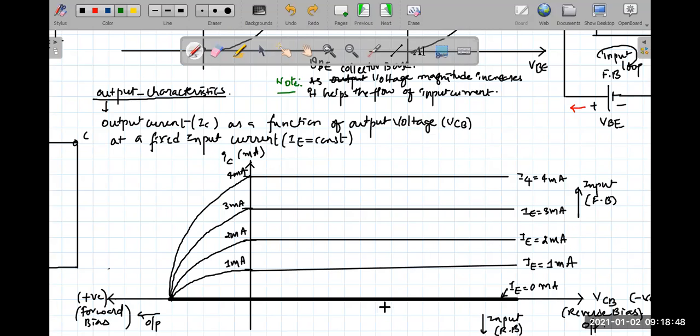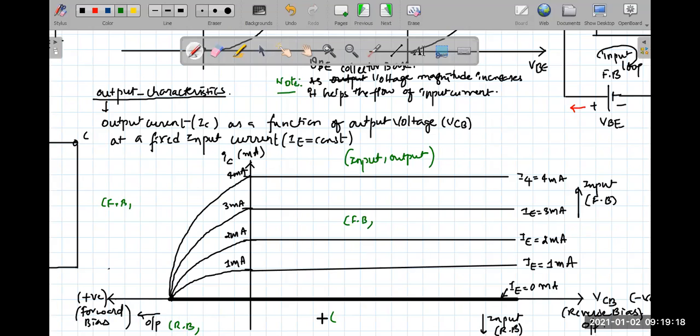If I'm interested in writing input comma output, what is happening here? Above, it is forward biased input. But what is happening below? Below it is reverse biased.